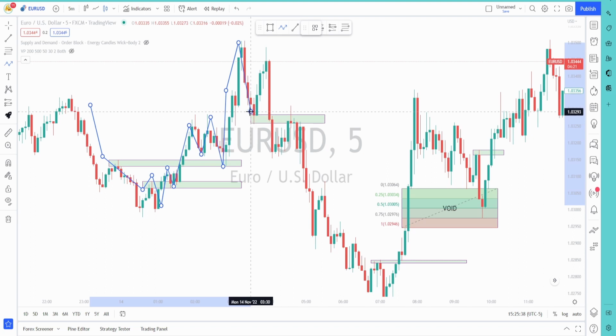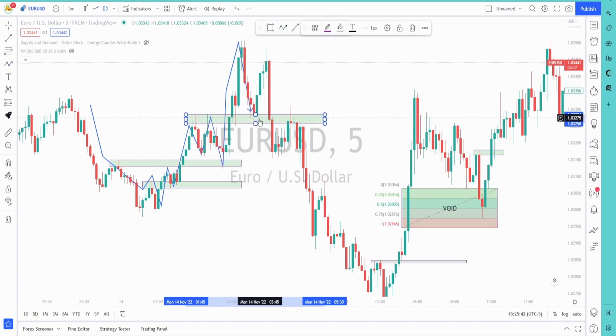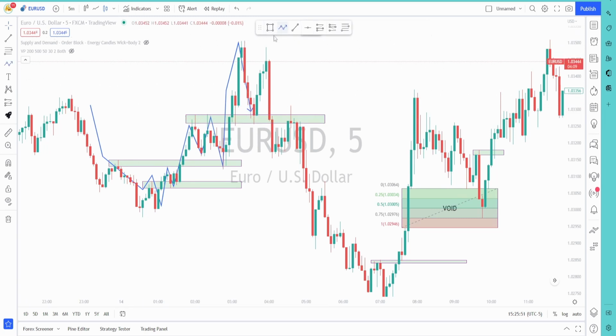So, second here, if we run this across, you can see that price came down and tested this area. Then it shot up, came down, came back up, retested this area right here.